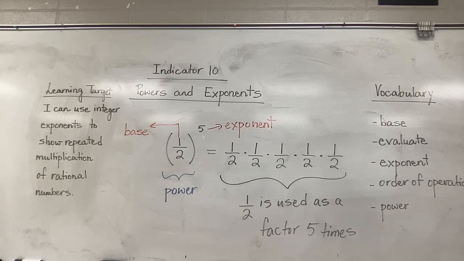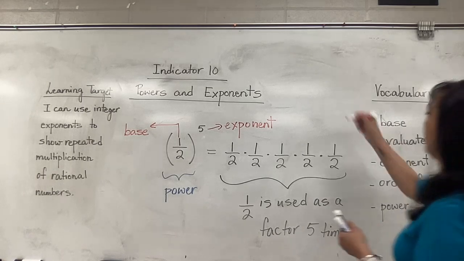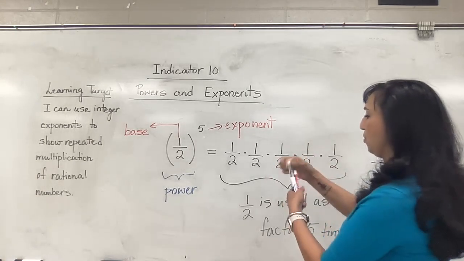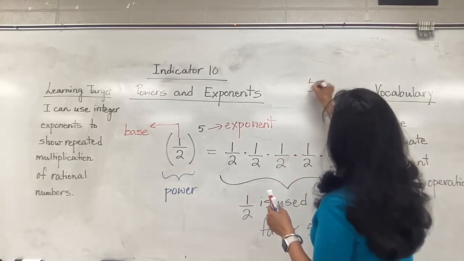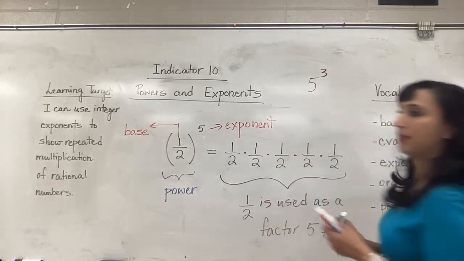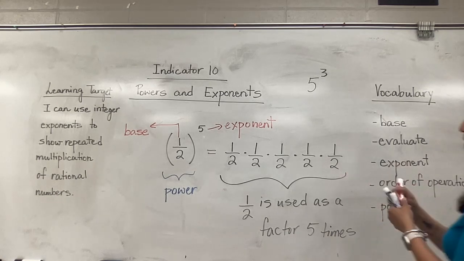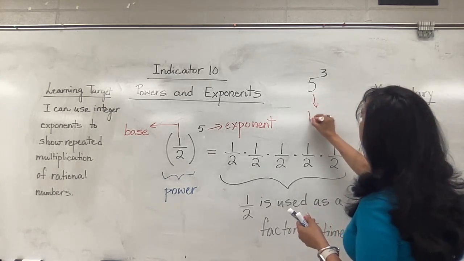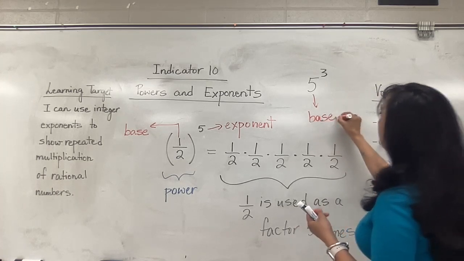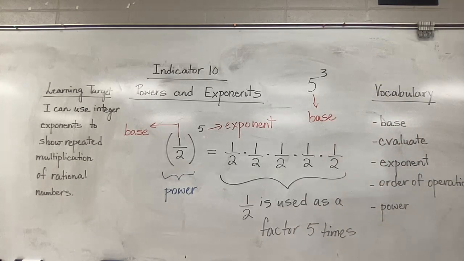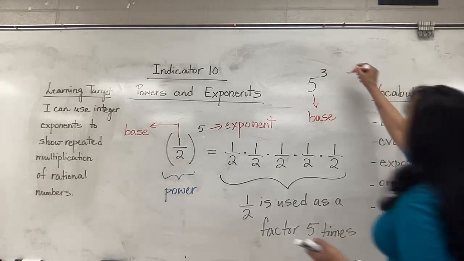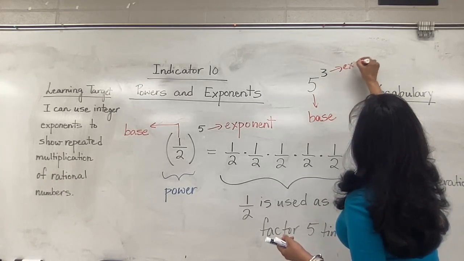Let's go on once again. Let's say I give you 5 cubed. This is my base number, because that is the factor that I am going to multiply by itself based on what the exponent is.